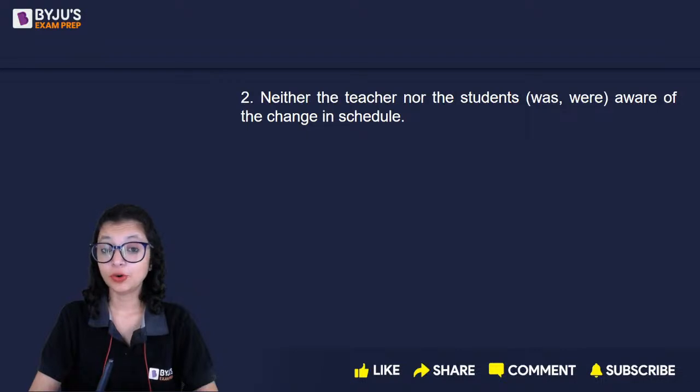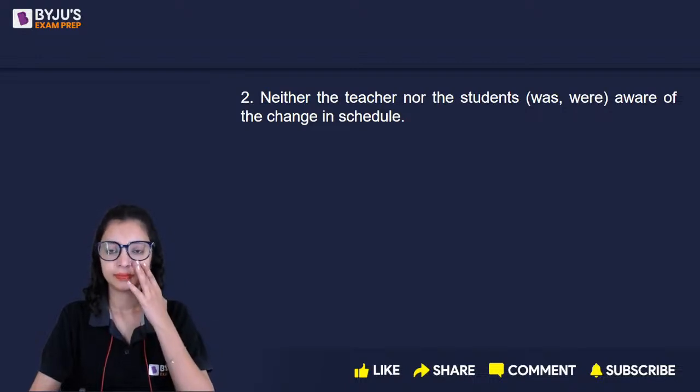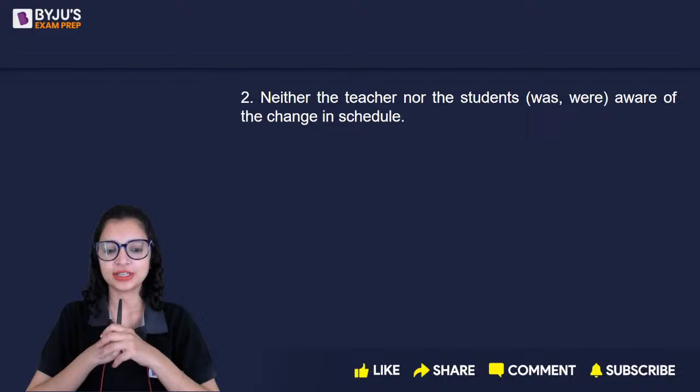The rule here being followed is of neither nor, either or, not only but also, the pairs of conjunctions that you have. What do you think is the correct answer? Hi Amritanshu, good afternoon. What do you think is the correct verb form we should use here?